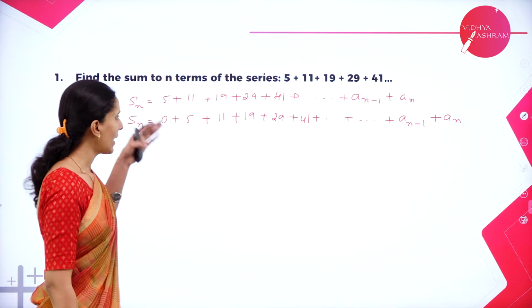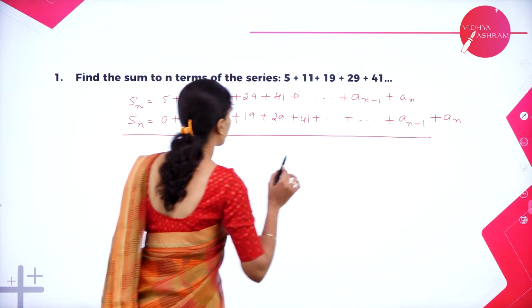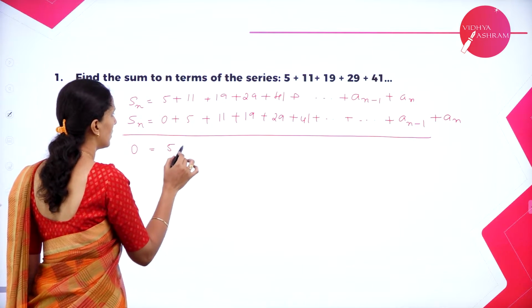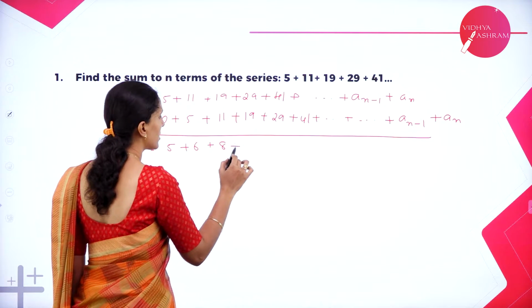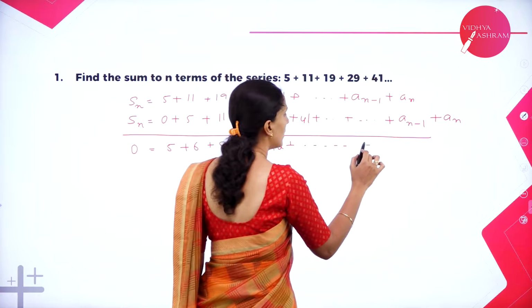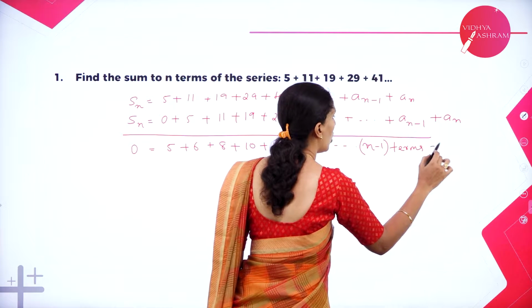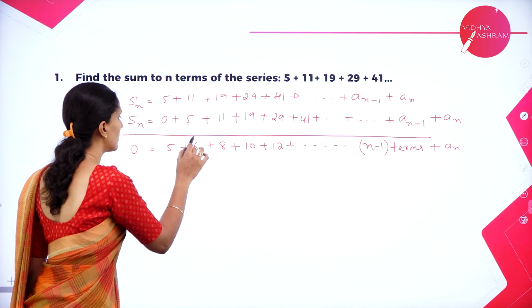So let me subtract here. So I will get this as 0, 5 plus 6. So next we get it as 8, 10, 12, etc. until n minus 1 terms along with an. So now let me separate this.